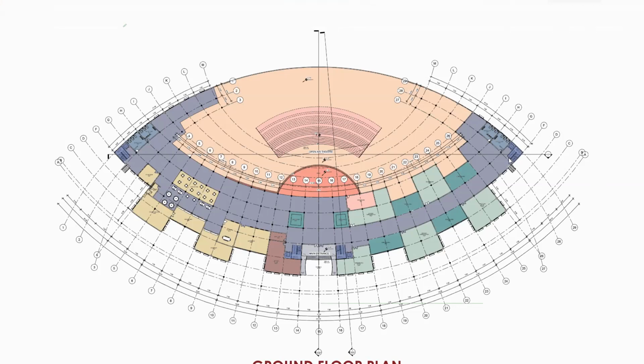So I have given the vertical circulation on two ends of the building, with a staircase and a lift on the two sides. And the main vertical circulation in the building is provided very close to the entrance.